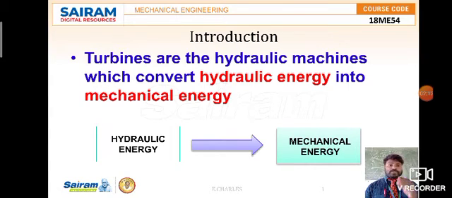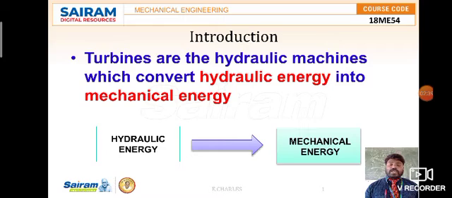Anywhere the water is stored in any container, it will have potential energy, and when that water starts flowing through a channel, that potential energy is converted into kinetic energy. These energies are attained by the water, and that energy is nothing but hydraulic energy.